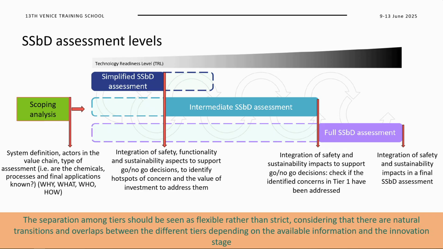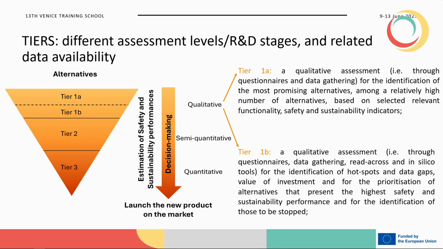Following this general scheme within Sunrise, we are developing an integrated impact assessment approach that is composed of different tiers. The first tier, which is divided into two sub-tiers, is the qualitative tier, where the first objective is to support the decision makers in understanding, among a relatively high number of alternatives, those that have the higher performance in terms of functionality, safety and sustainability.